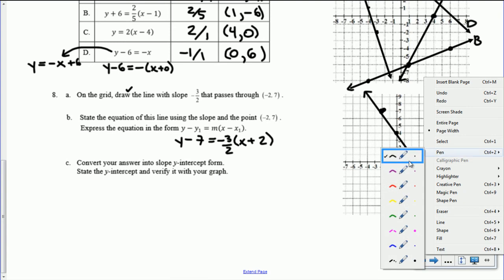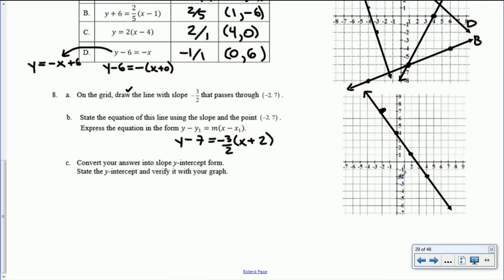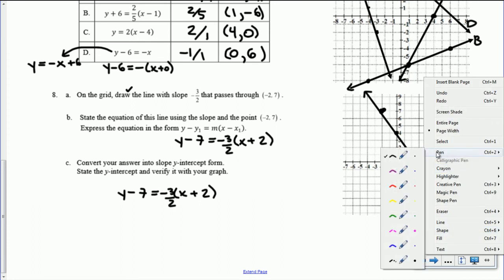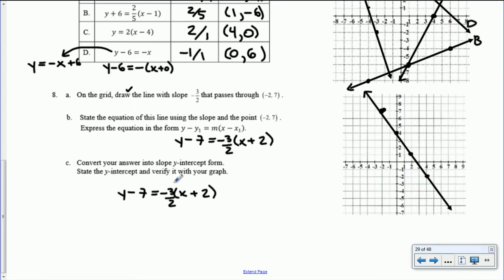Let's just, okay, this is going to be a challenge. So, trying to save time here, but here you go. x plus 2. Okay. All right, so we want to get y on its own, and we need to get it in the form y equals mx plus b, right?